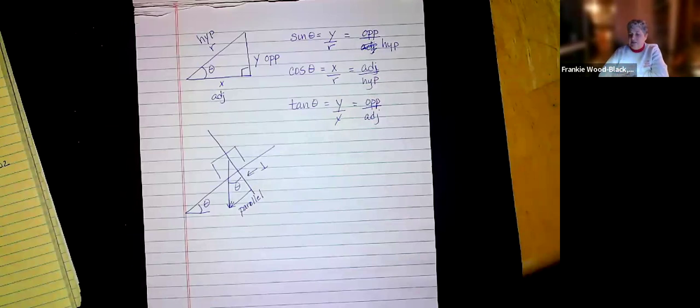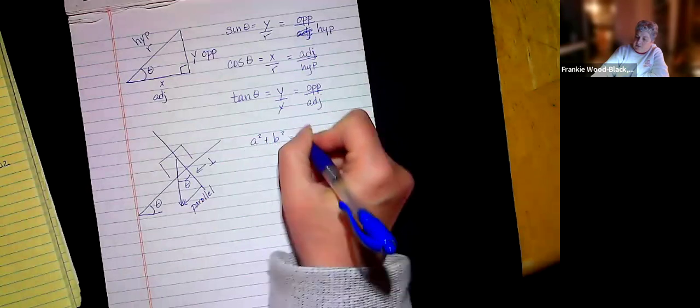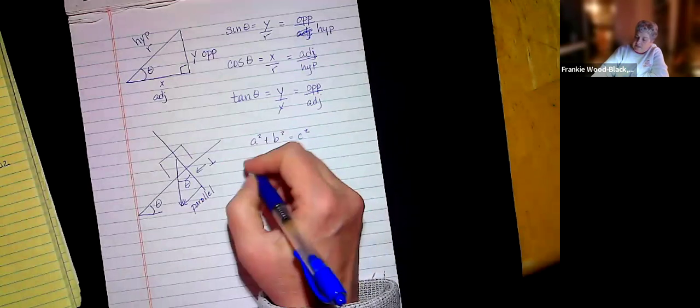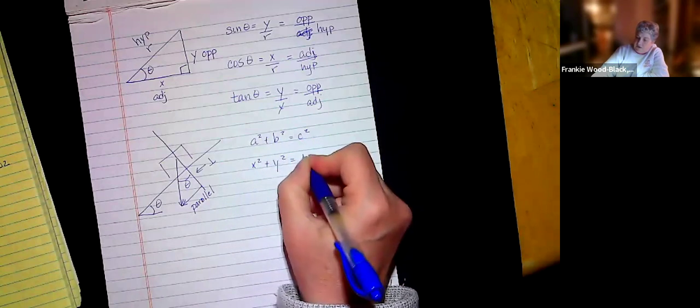Then I can have my triangle any which way, and as long as I know what angle I'm dealing with, life is much better. We also know Pythagorean's theorem, a squared plus b squared is equal to c squared. Well, this gives me x squared plus y squared is equal to r squared, and we're going to use this over and over again.